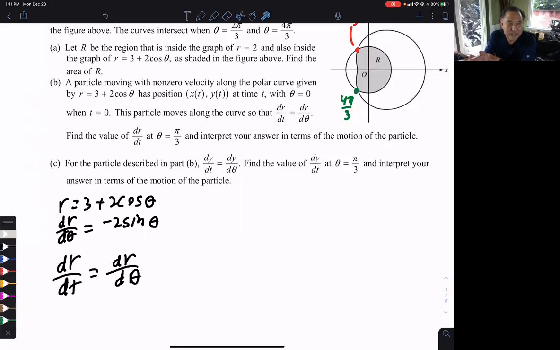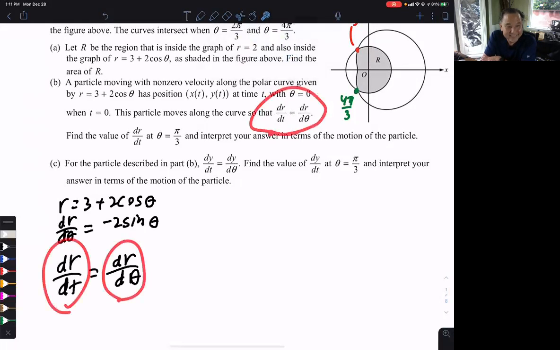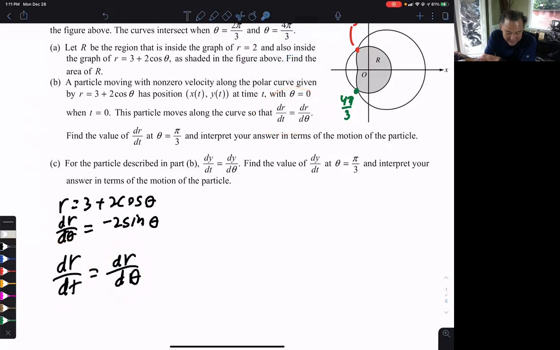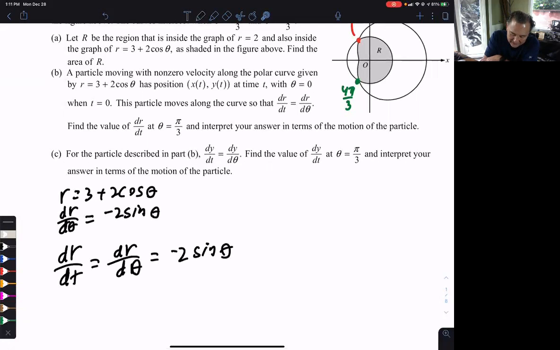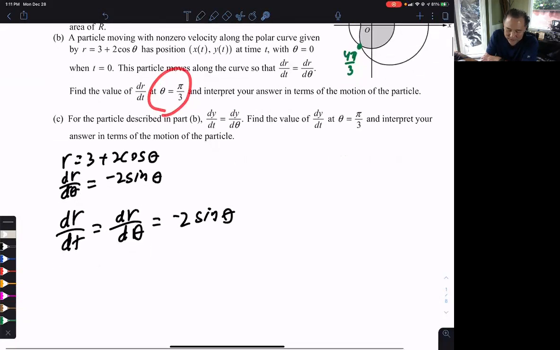Okay, this is so much easier than I realized. So if I find dr d theta, it is dr dt. You see that? So I don't have to do anything. I just find dr d theta because they told me it's the same thing. But what is dr d theta? -2 sine theta. So I want to find it at pi/3. We didn't have to use a chain rule. They were so much nicer to us.